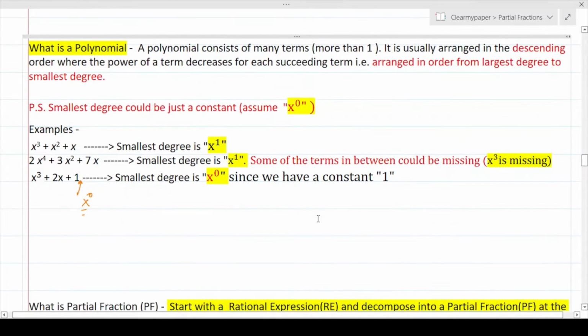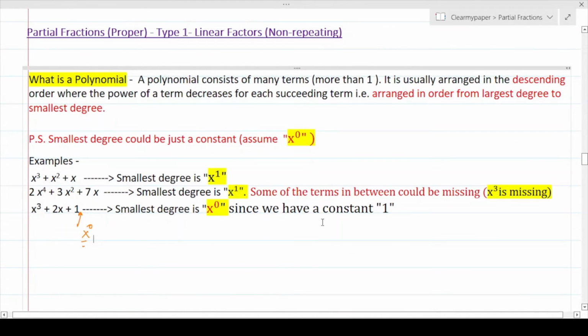If you see some examples of how a polynomial is arranged here, this polynomial starts with degree 3, then 2, and then 1, so the smallest degree is 1. In this polynomial, the degree starts with 4, then 2, and then 1 again. The smallest degree is again x to the power 1, the last term.